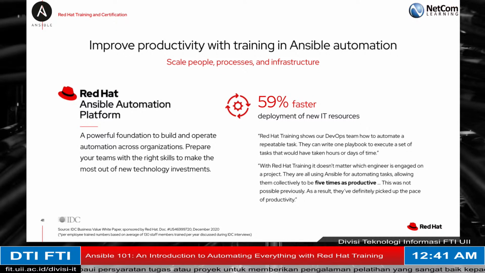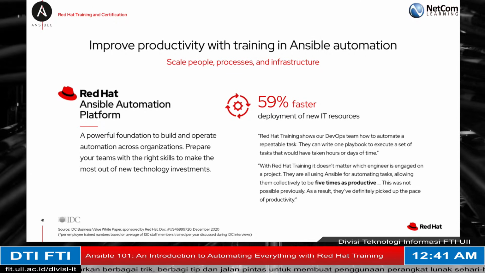training greatly enables your ability to get started with really all of our products, but specifically with regard to Ansible Tower. Staff that trained with Red Hat can deploy IT resources, whether that be physical servers, VMs, containers, storage, about 59% more efficiently than their untrained counterparts, which is a huge improvement in their ability to ensure that their organization can support the development and business operations in a timely manner.